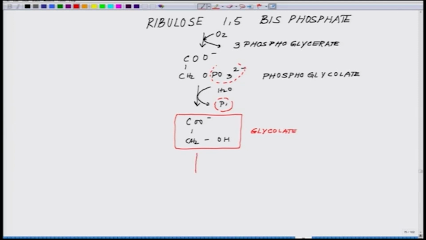Now, this glycolate moiety eventually gets oxidized. Where does it get oxidized? It enters into the peroxisomes. It gets oxidized, and in that process it forms H2O2, and this H2O2 is further decomposed by an enzyme inside the peroxisome called catalase, and this is all happening inside peroxisomes.